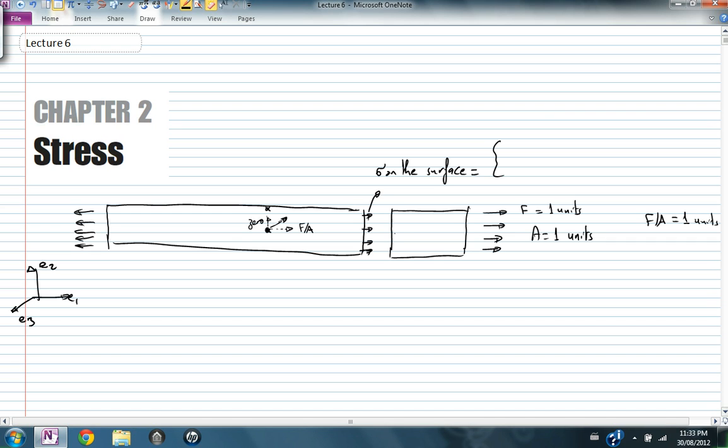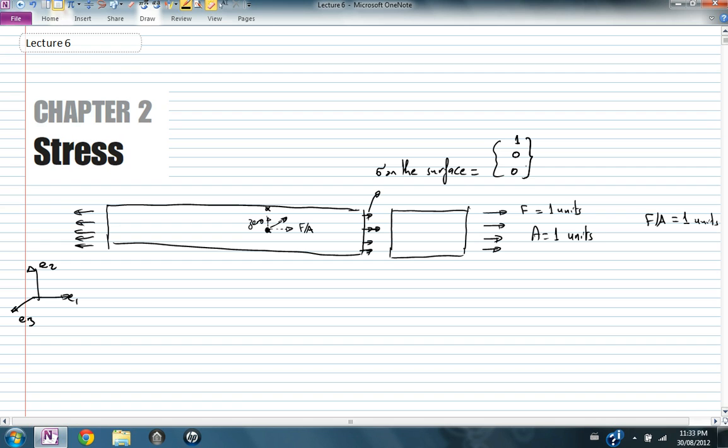Then the stress on the surface will have a component of 1 in the horizontal direction, a component of 0 in the vertical direction, and a component of 0 in the third direction. So the stress on the surface is actually a vector of forces per unit areas.